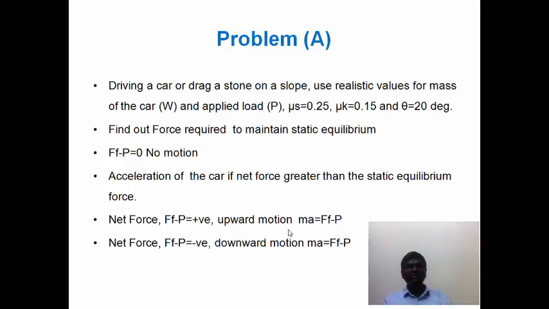So if it is balanced, then the friction force and applied force are equal, and no motion happens. So in the case where there is a net force greater than the static equilibrium force, then what happens? If the net force is upward, there is upward motion, and if the net force is negative, then downward motion.